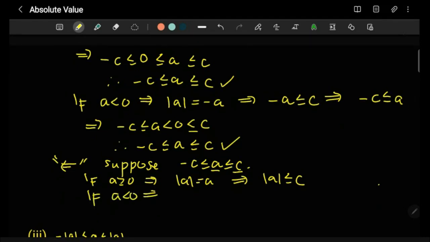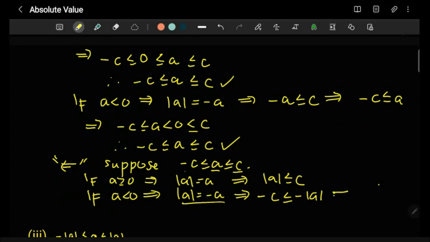So when A is less than 0, we define the absolute value of A to be negative of A. Now, since negative C is less than or equal to A, we can substitute A with the negative absolute value of A. So negative C becomes less than or equal to the negative of the absolute value of A, because the absolute value of A is negative A. So yung A doon na part, ililipat may negative sa kabila, magiging negative absolute value of A. So we have this expression.